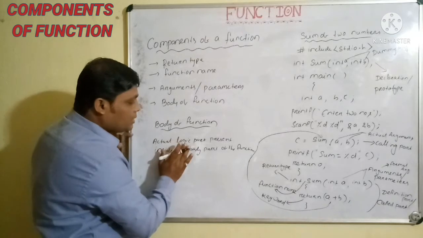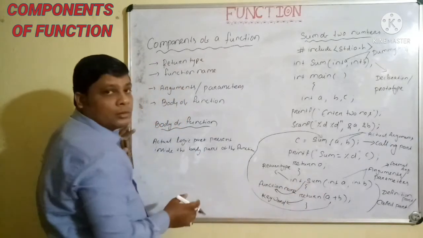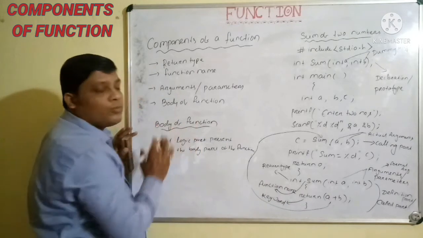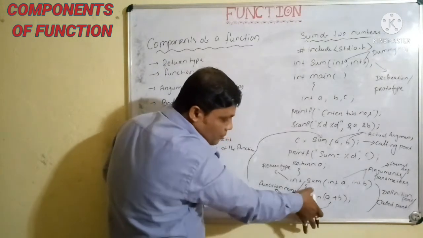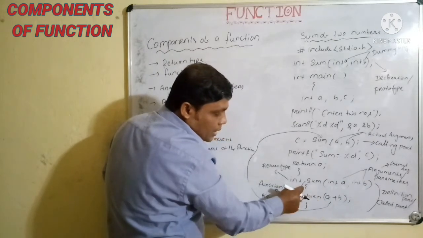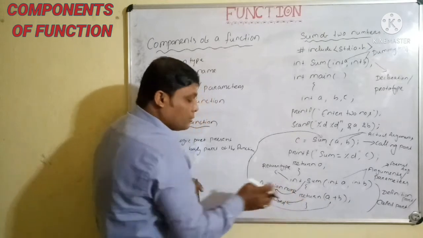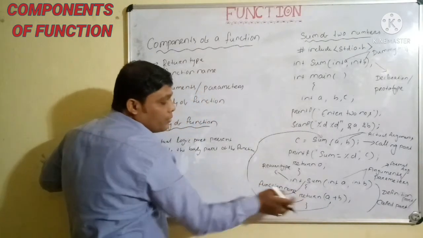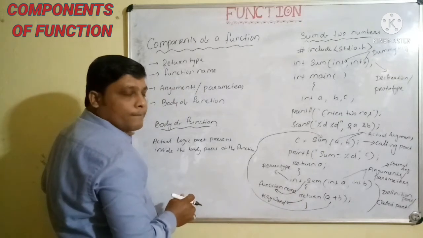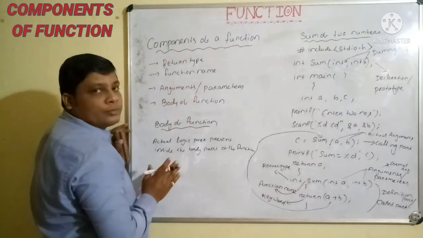So actual logic part is present inside the block. That is body of the function. Clear? Here you can see this is the body of function, starting from this to this, ending with this curly bracket. Clear? Ending with this curly braces. Clear? So these are the components of a function.